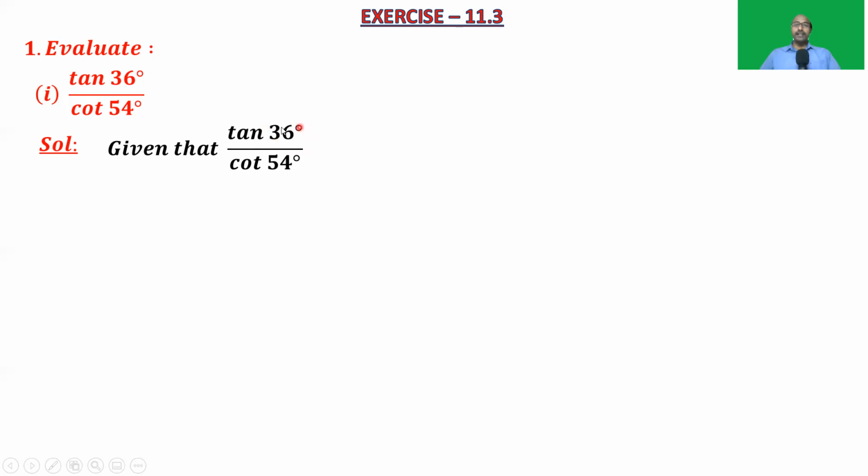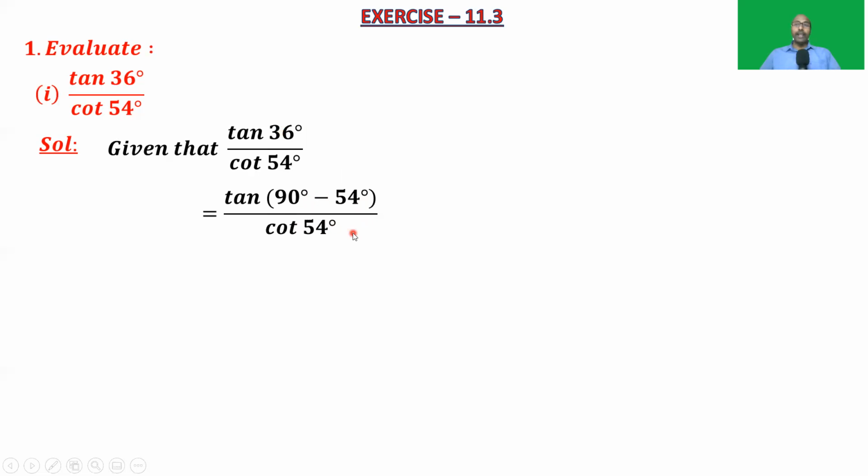So let us change the value in the numerator. Write tan 36 degrees as tan of 90 degrees minus 54 degrees, because by calculation we get 90 degrees minus 54 degrees as 36 degrees.